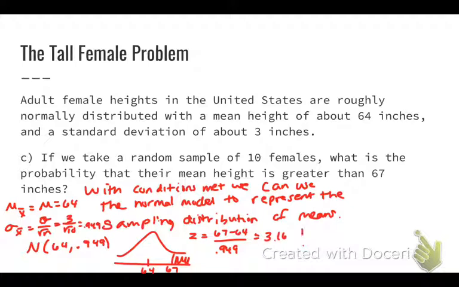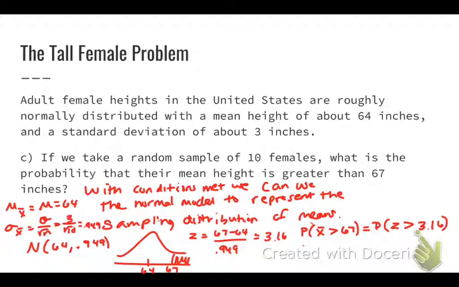So then notation, we're finding the probability that our x bar is greater than 67. So the mean of our sample of 10 exceeds 67, which is the same as standardizing it with a z-score being greater than 3.16, which is going to be pretty small because we're more than 3 standard deviations out.